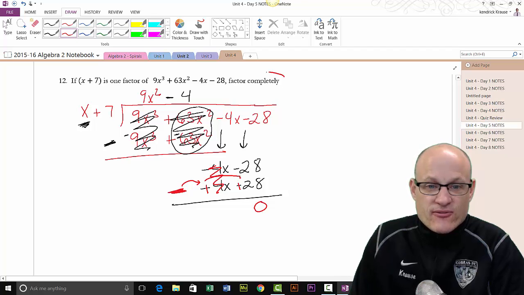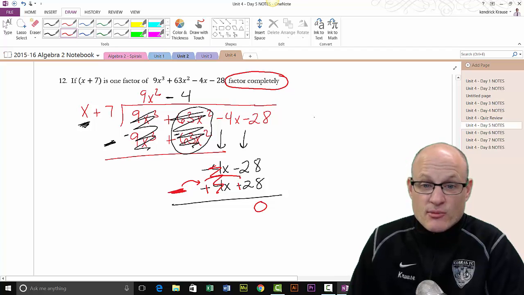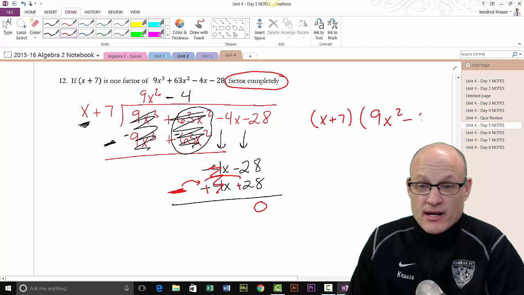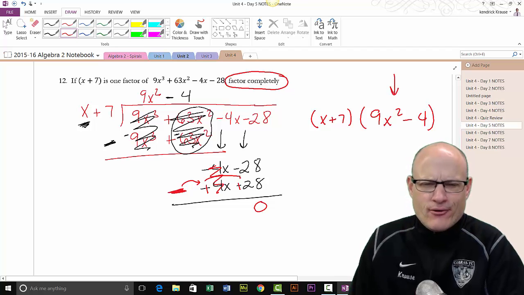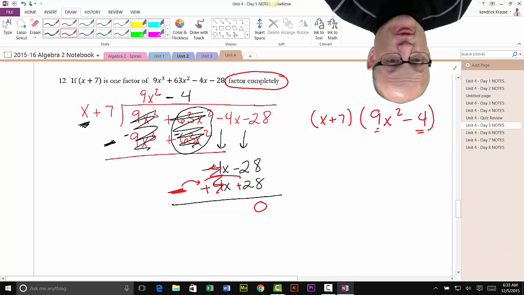So it says here, factor completely. All right, let's finish factoring then. So my first factor is x plus 7. And what I'm left with is 9x squared minus 4. Now, there's about half of you that are going, oh, that's easy. And there's half of you going, what? Difference of perfect squares. Remember, 9 is a perfect square and 4 is a perfect square.